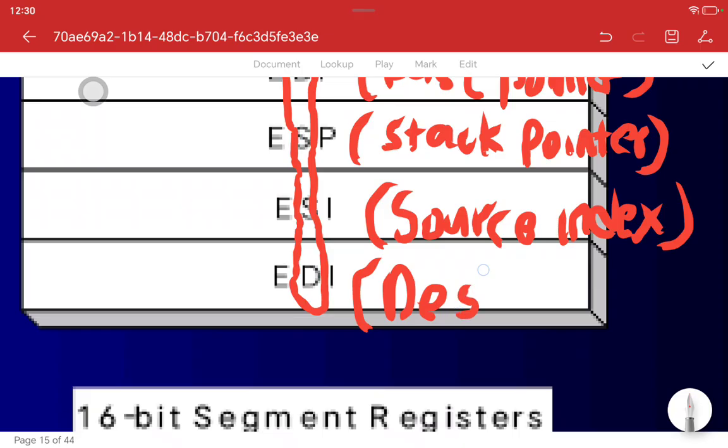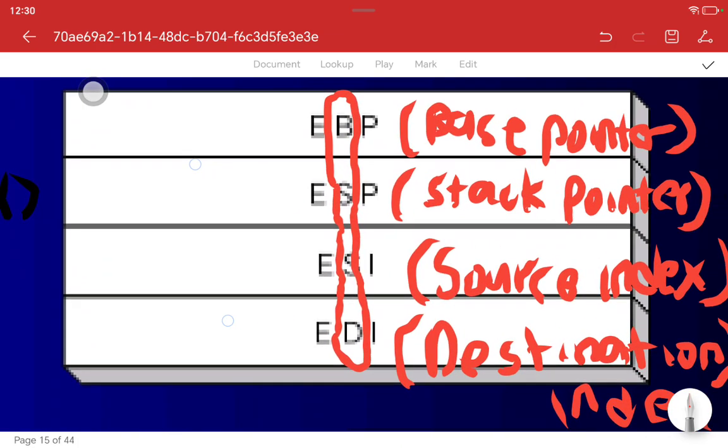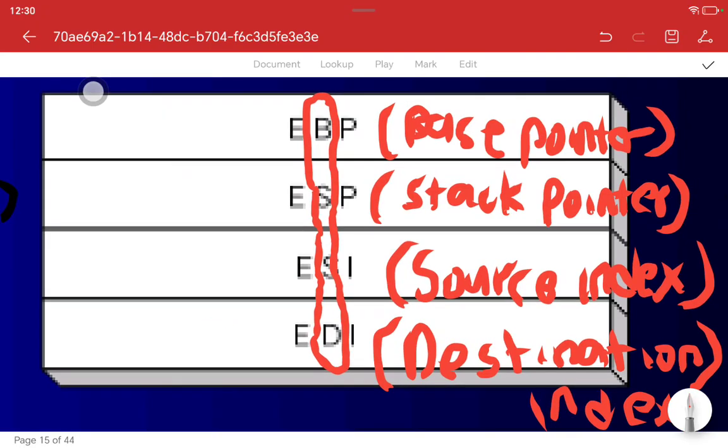So the EDI is for the destination index. Let's first look at the stack pointer, and then we explain the source index and also the destination index.